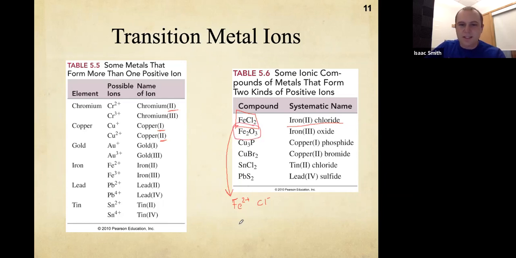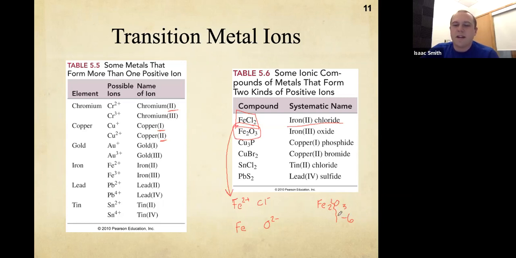If we look at the second one here, we have iron and we have oxygen. Oxygen we know is a 2- charge. It's always a 2- charge because it's 2 away from the noble gases. And if we have 3 oxygens, so if I have Fe2O3, the oxygen at -2 apiece is going to give me -6 total, right? 3 times -2 is -6.